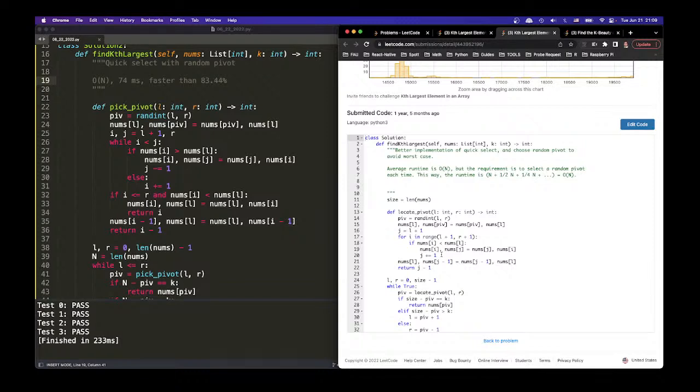I think that is the case. As I move forward, if J doesn't move, that means it's all bigger.